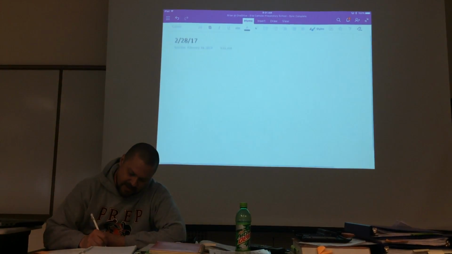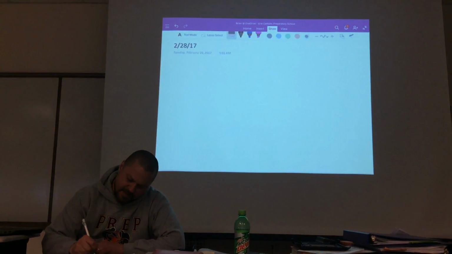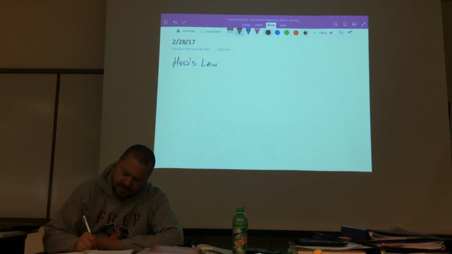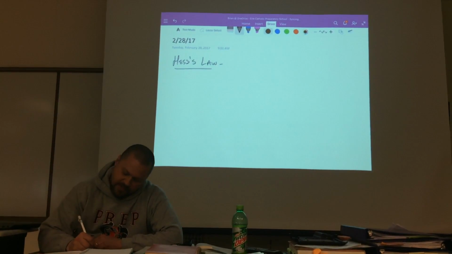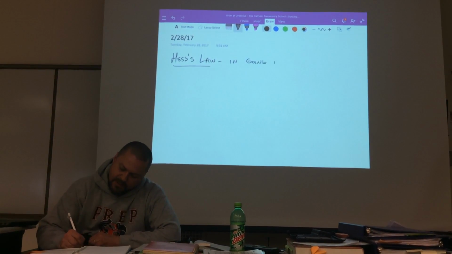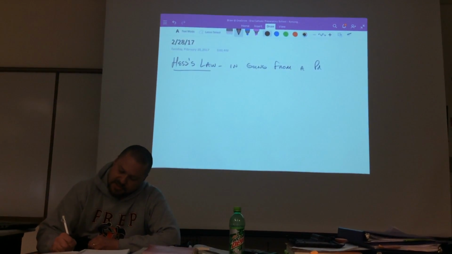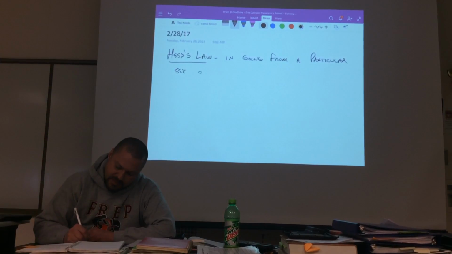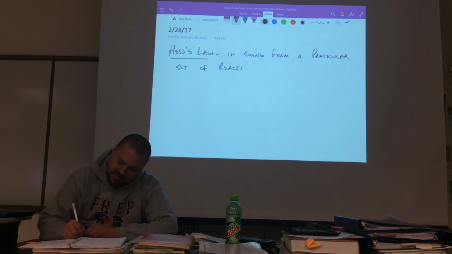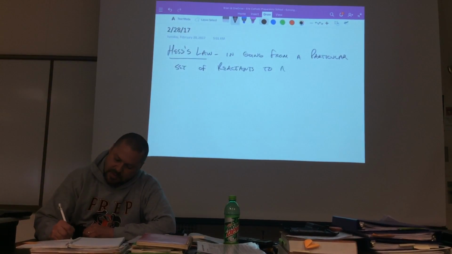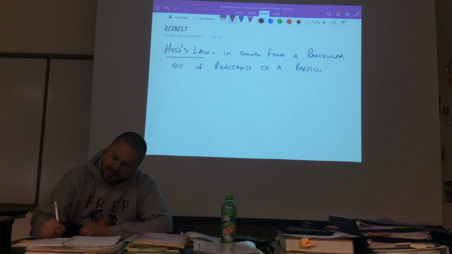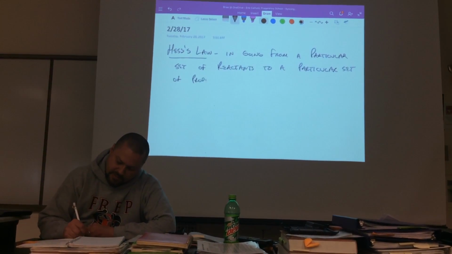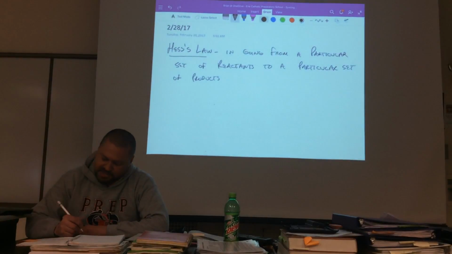Hess's law. Going from a particular set of reactants to a particular set of products, the change in enthalpy is the same.